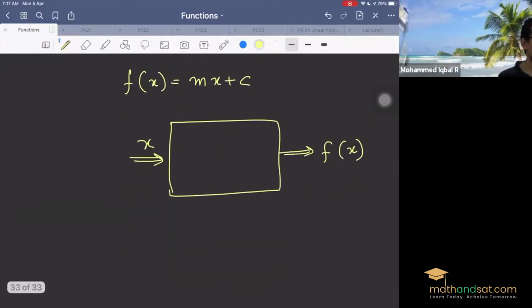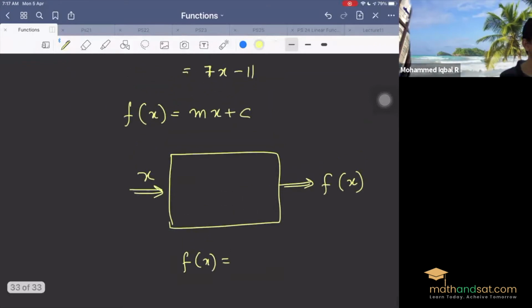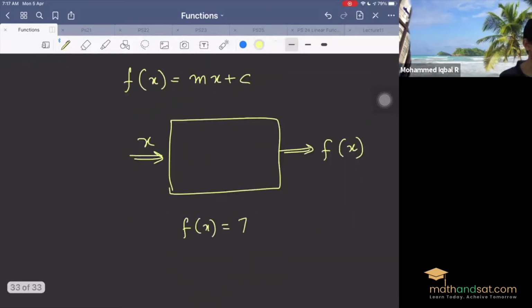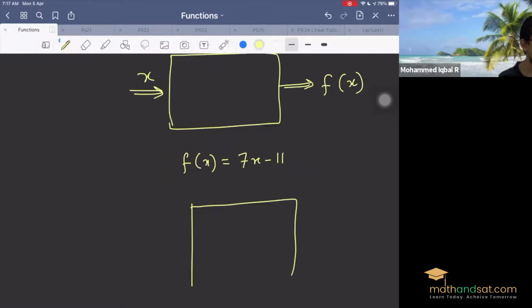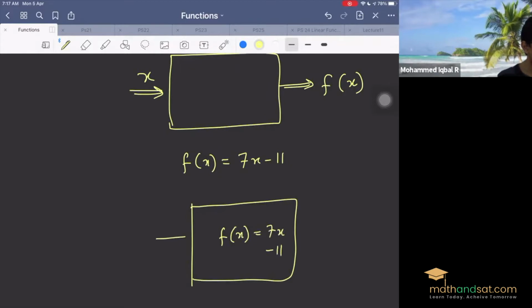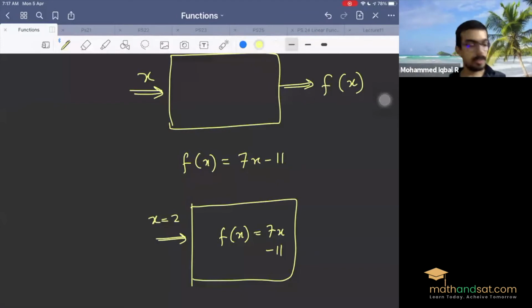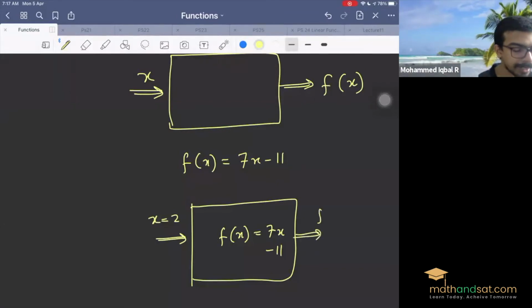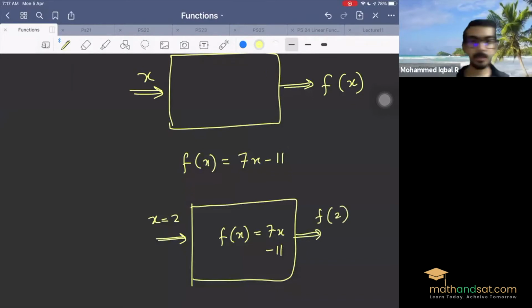For example, if you have f of x is equal to 7x minus 11. So this is your function. If you feed x is equal to 2 to this function, the output is represented as f of 2. f of 2 means the output corresponding to the input x is equal to 2.